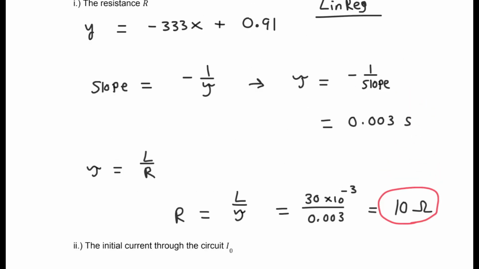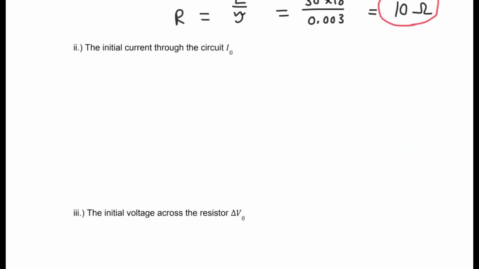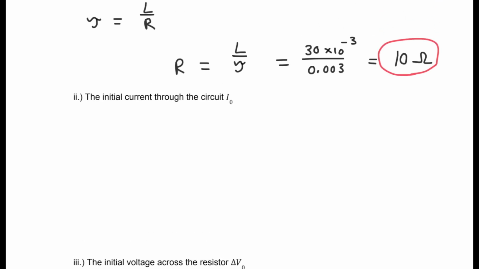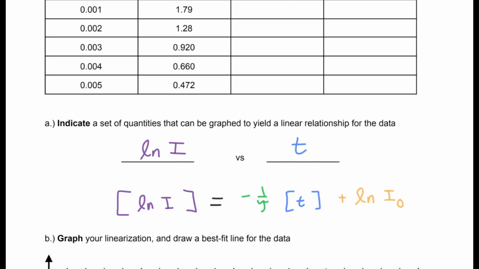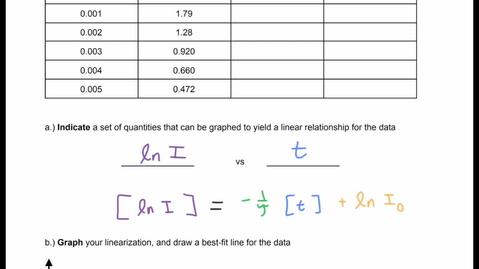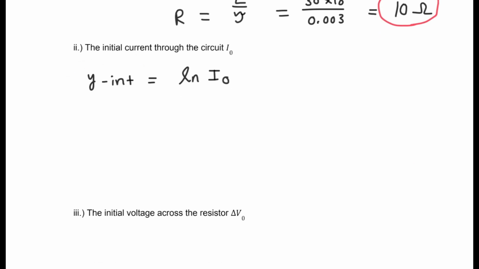Then we can also find the initial current through the circuit, because that's related to the y-intercept. So we said that the y-intercept was the natural log of I0, just based on our model, because we see that's the tacked-on b term, ln I0. So therefore, our y-intercept of 0.91 is equal to the natural log of I0.